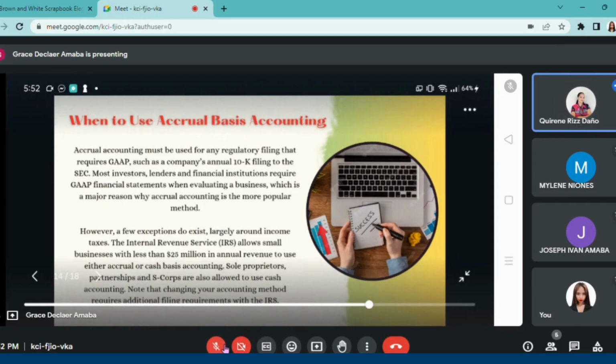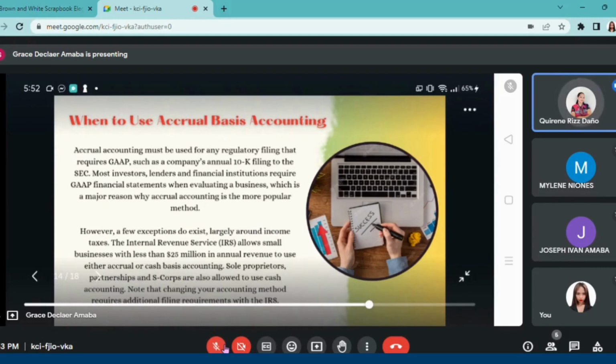So, it says that accrual basis accounting is used when a company wants to record financial transactions based on the occurrence of economic events, regardless of the timing of cash flows. This method is suitable for businesses that extend credit to customers or receive credit from suppliers, as it allows for the recognition of revenue and expenses when they are earned or incurred, rather than when cash is exchanged.